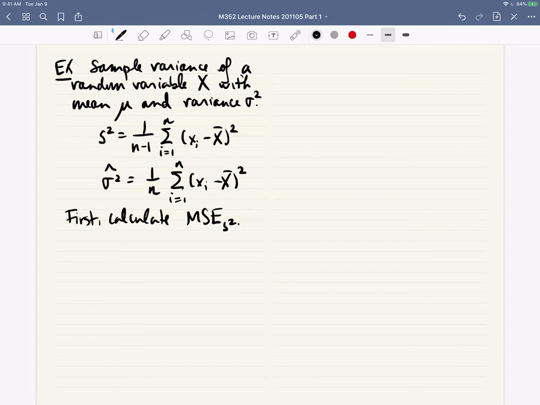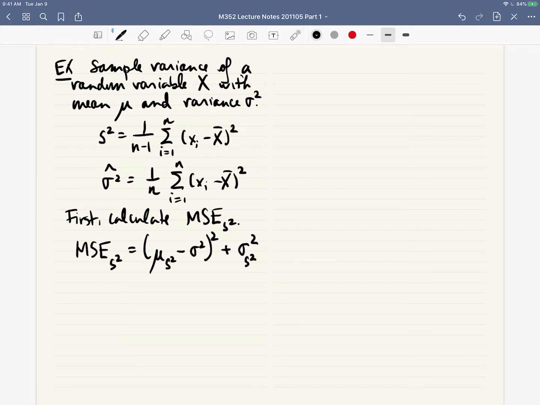Using the definition of mean squared error, the mean squared error of our sample variance is going to be the expected value of this estimator minus the variance, squared, plus the variance of our estimator.